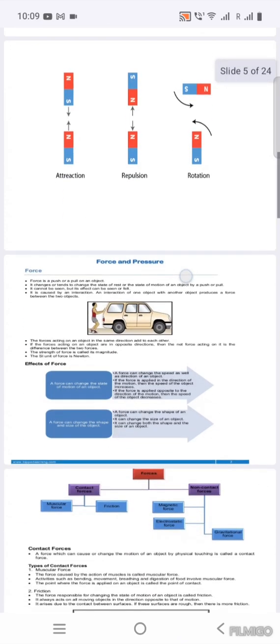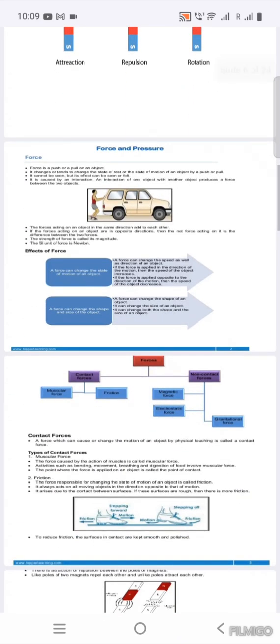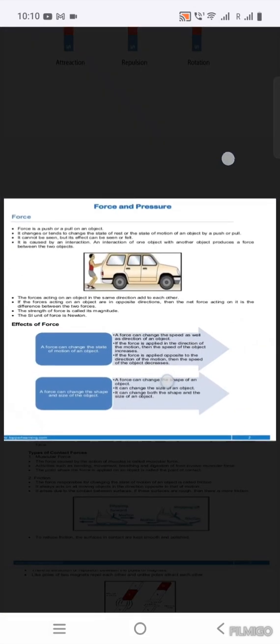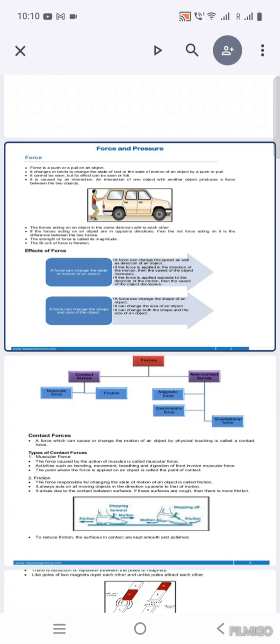Now, force and pressure. We have discussed what force is, that is push or pull, and how force affects the state of rest or state of motion of any object.